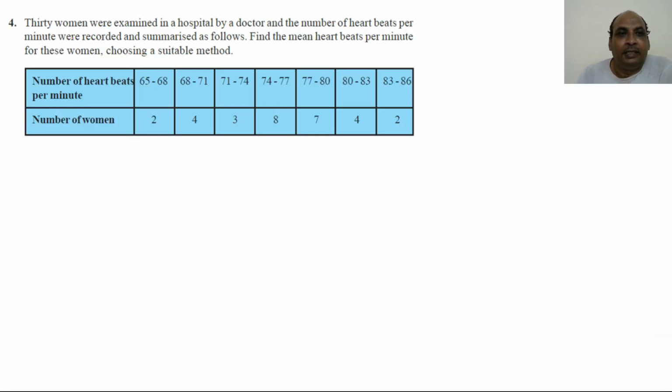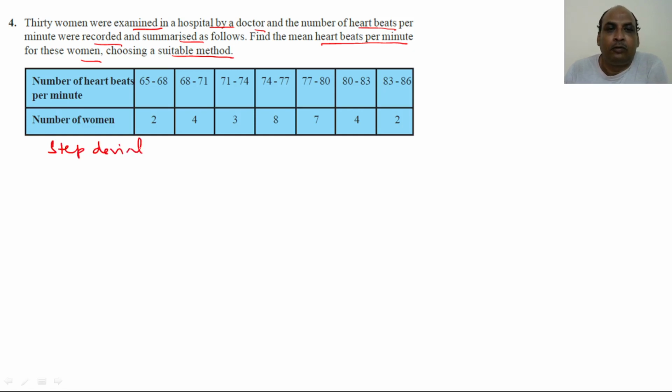Yes, 30 women were examined in a hospital by a doctor, and the number of heartbeats per minute were recorded and summarized as follows. Find the mean heartbeats per minute for these women, choosing a suitable method. So here we will use the step deviation method.